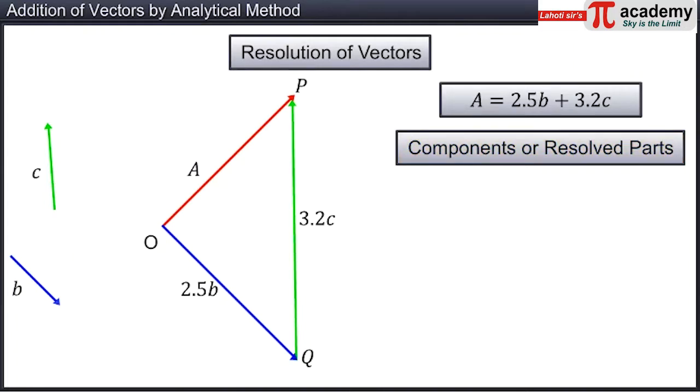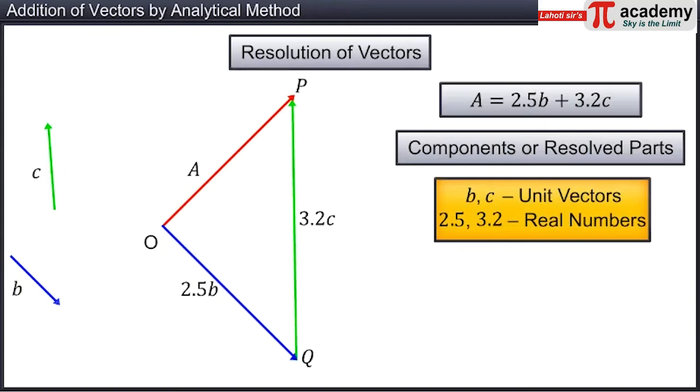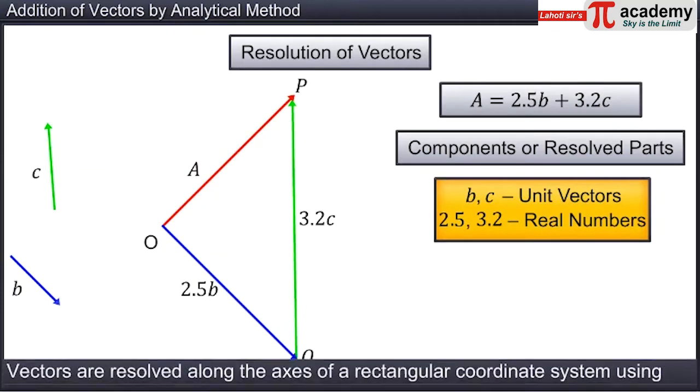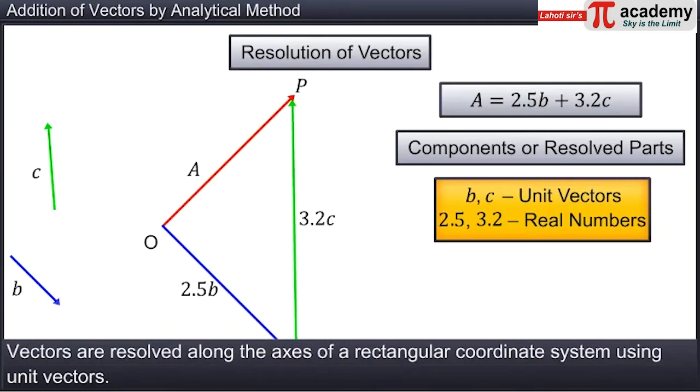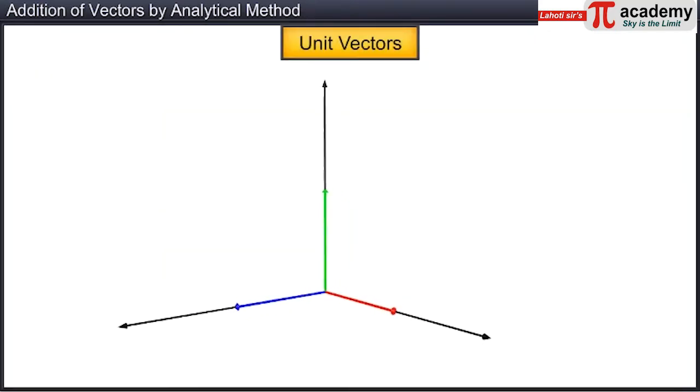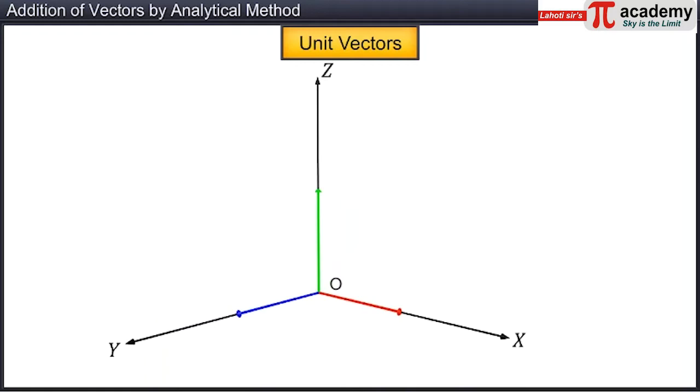In this expression, B and C are the unit vectors, and 2.5 and 3.2 are real numbers. Usually, vectors are resolved along the axis of a rectangular coordinate system using unit vectors for convenience. Unit vectors have a magnitude equal to unity, and they indicate a particular direction.